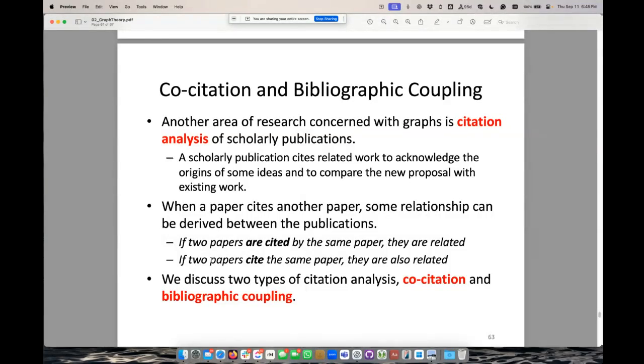If two papers cite the same paper, then that also means these two papers are related because they have same or similar papers in their citation indices, suggesting that they are all working in the same area of research or same topical areas. And this is a very powerful concept because even without reading the papers or without doing any content analysis, just by looking at this network, you can tell which studies are related, which studies are not that much related, right?